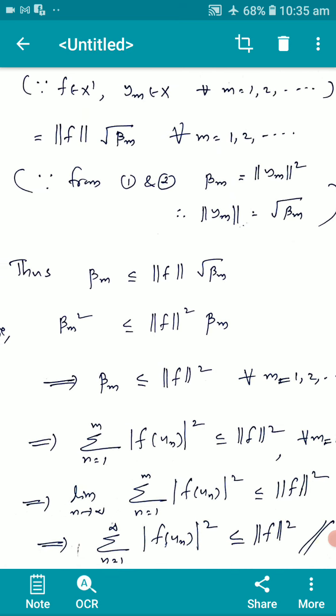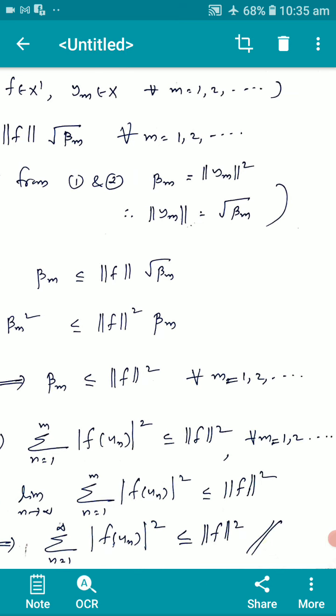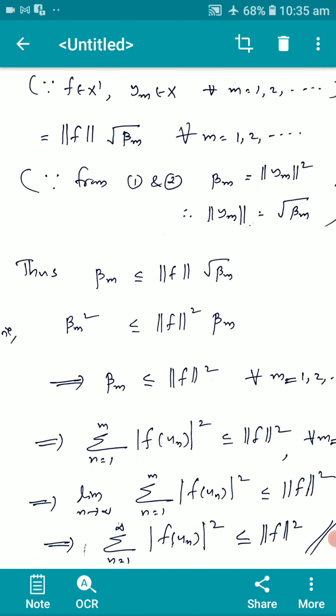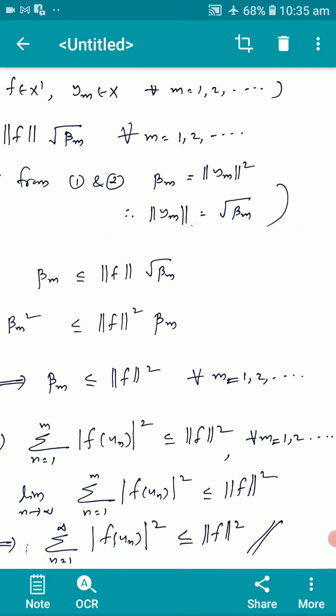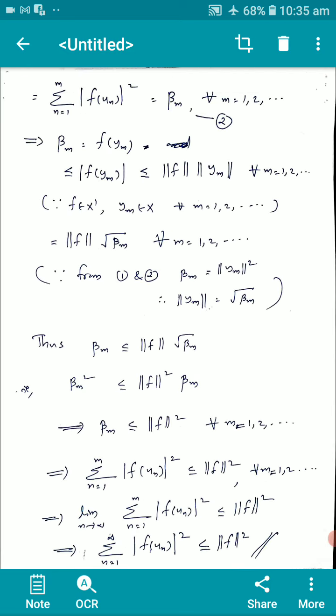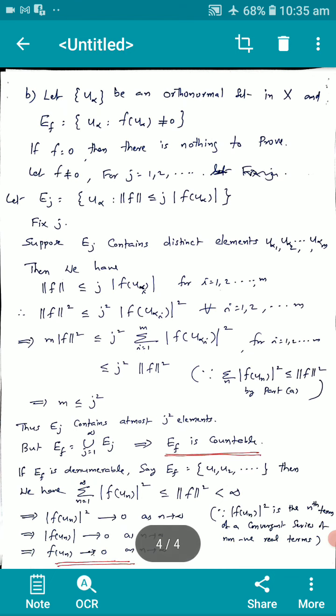This implies limit m tending to infinity, sigma n equal to 1 to m mod f un square less than or equal to norm f square. This implies sigma n equal to 1 to infinity mod f un square less than or equal to norm f square. That is the proof of part A.